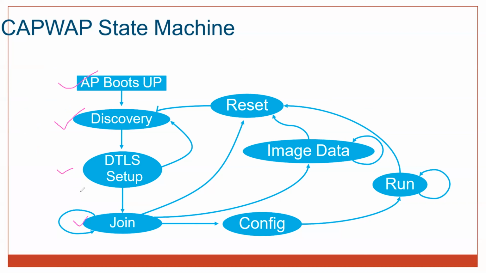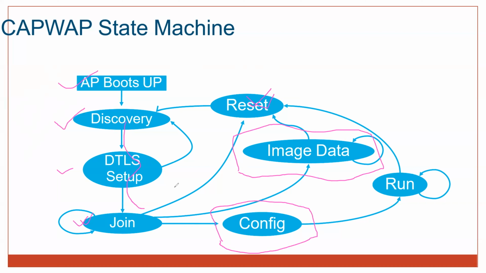And then they will start to join the fabric. But since we have a configuration offer and an up-to-date image offer from the controllers, once they update the image, they will reboot. And once they get rebooted, again this discovery process, DTLS and joining process will start.